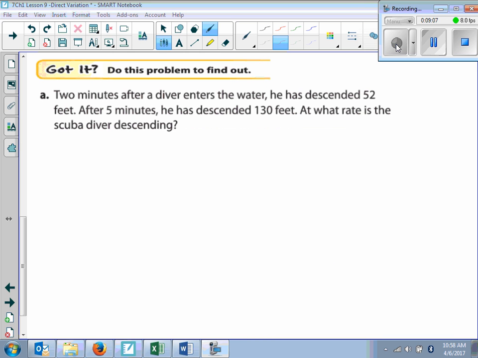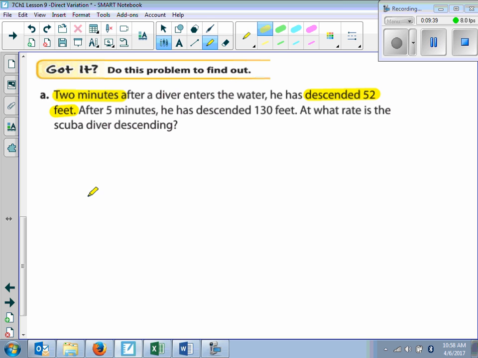For this example, it says 2 minutes after a diver enters the water, he has descended 52 feet. After 5 minutes, he descended 130 feet. At what rate is a scuba diver descending? So we're trying to find the rate. The first rate in the problem says 2 minutes after the diver enters the water, he has descended 52 feet.